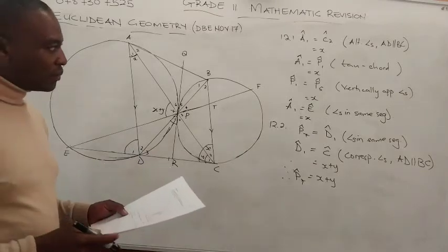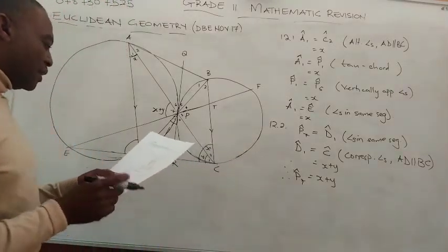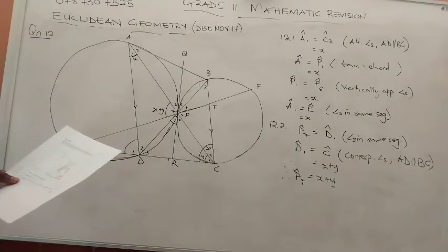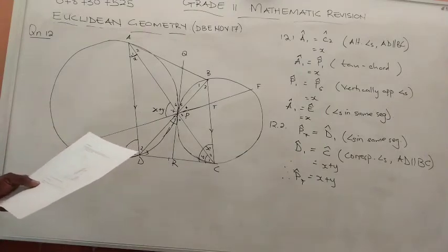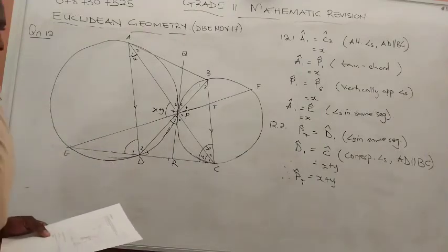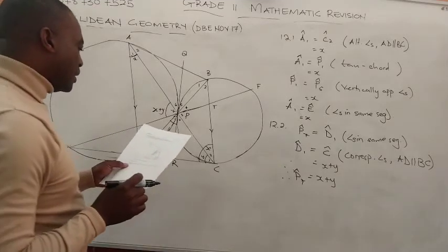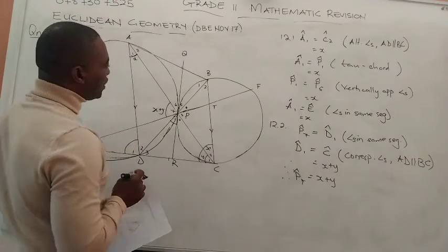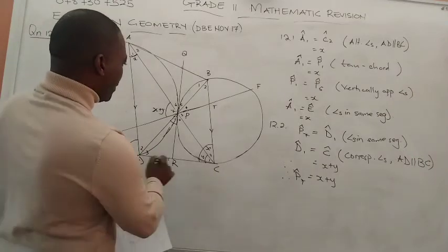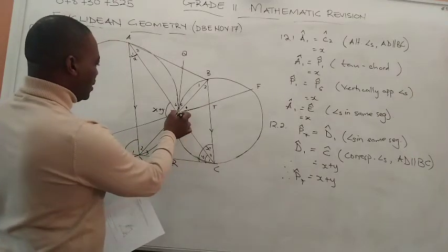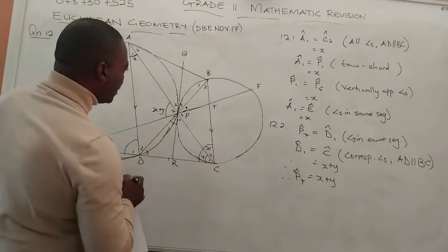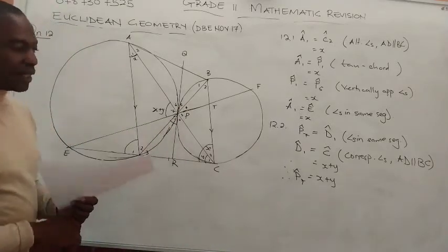Then moving on to the last question, 12.3. Determine the numerical value of x plus y, if it is given that DCTP is a cyclic quad. So now we are having a cyclic quad.